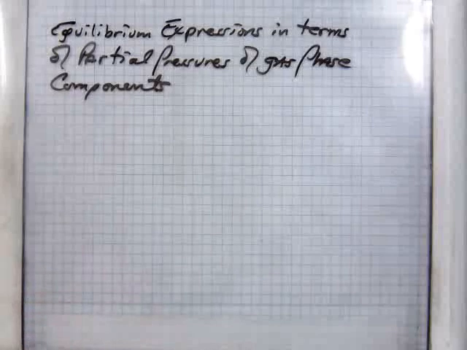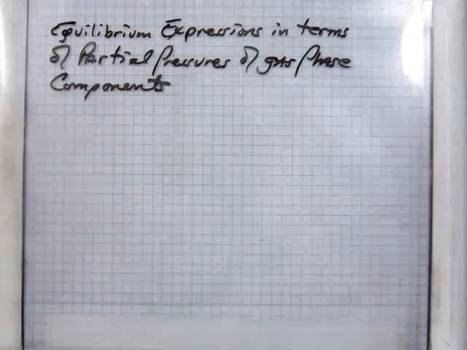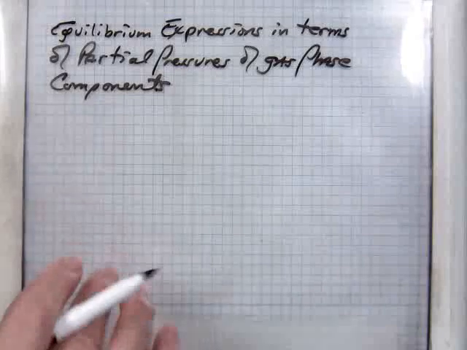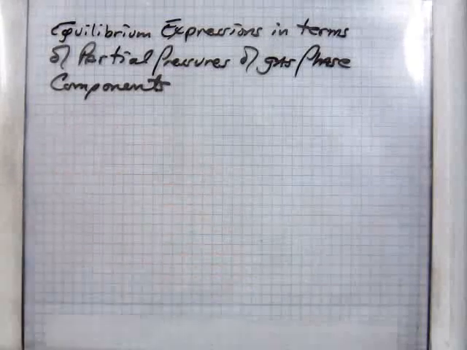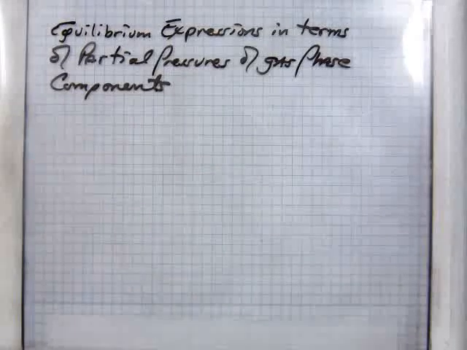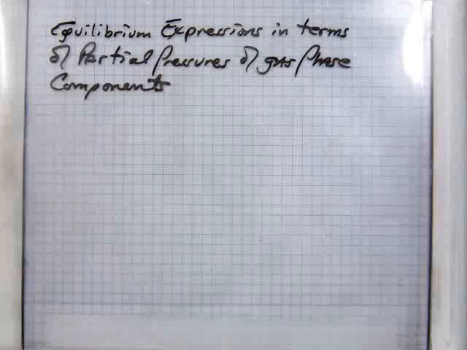According to Dalton's law of partial pressures, each gas in a mixture of gases has its own partial pressure. So if we have a reaction that's all gases, there are two equilibrium expressions that can be written here.